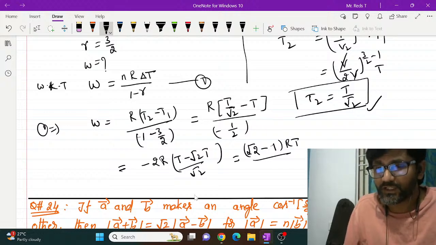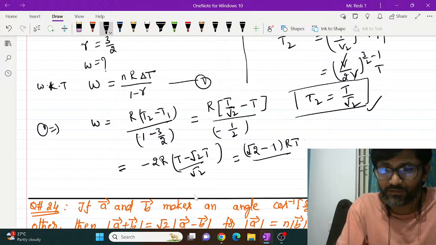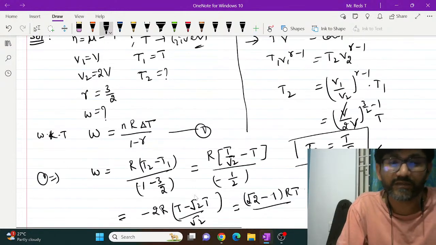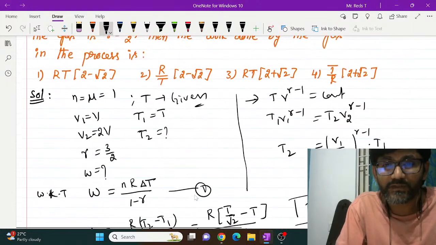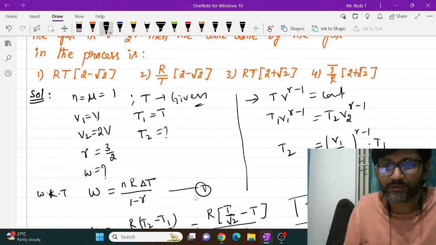This 2 you can also write as root 2 into root 2 by root 2, so then you will get root 2. Here you have to simplify based on the requirements. Again, what is that, options. Here R into T is there in the numerator. So first, second and third options are there.